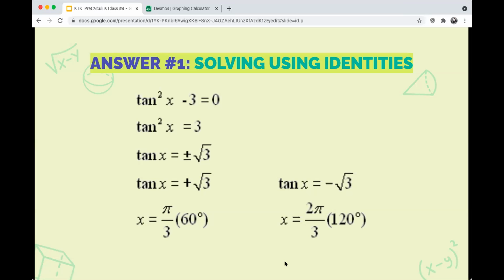If it says just solve for all possible values of x, it's easier to just do these, pi by 3, 2 pi by 3, and add 2 pi n, in which n is equal to all integers.